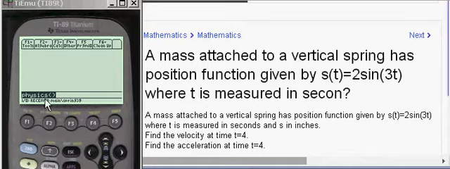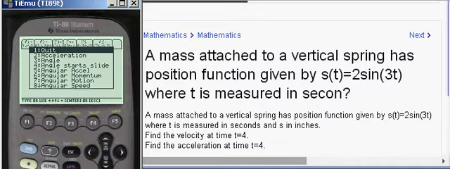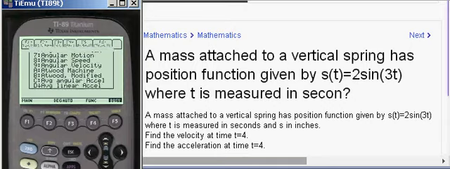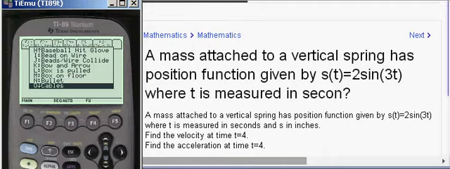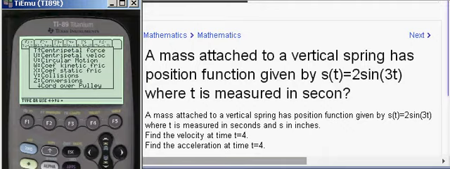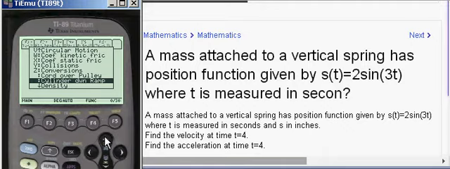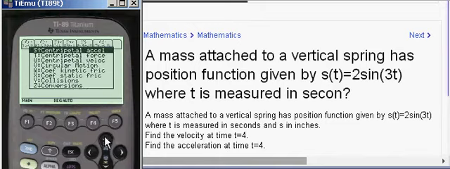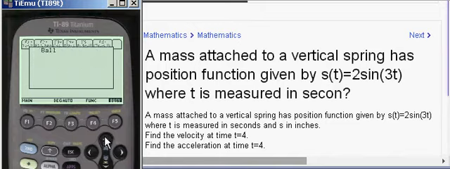So here we have physics into the entry line. Here we press enter. All the instructions are included, of course, when you buy my programs. We're going to scroll down here to springs. We could actually scroll up and get to the bottom of the alphabet.